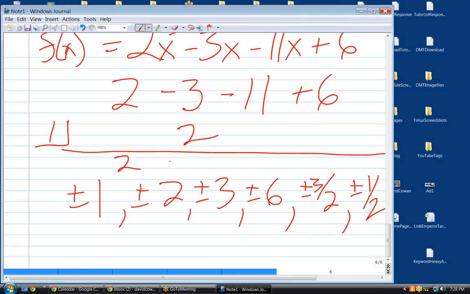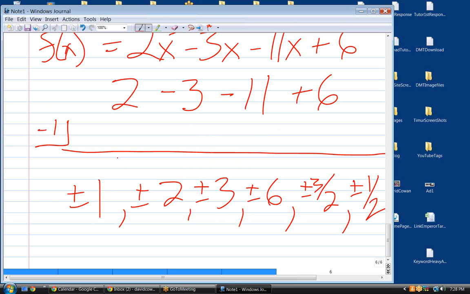Okay. -1. -1. -4. Done. I don't have to go any further. The moment I see that it is not a solution, I'm done. I don't have to come up with that number. I know that 1 doesn't work.